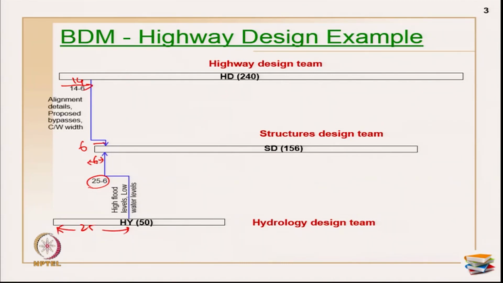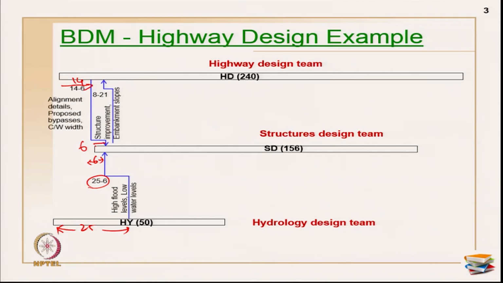At the same time, the structures design team is receiving two inputs, one from the highway design team and one from the hydrology design team. From the hydrology design team, high flood levels, low water levels and so on are received. Now, let us see what other information travels. Once this information is received by the structures team, the structures team starts working on their design calculations and can send structure improvement and embankment slope details to the highway design team.